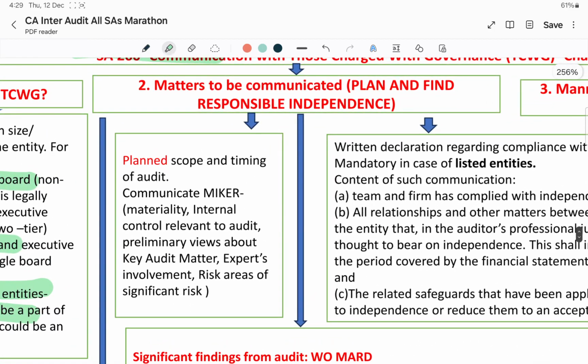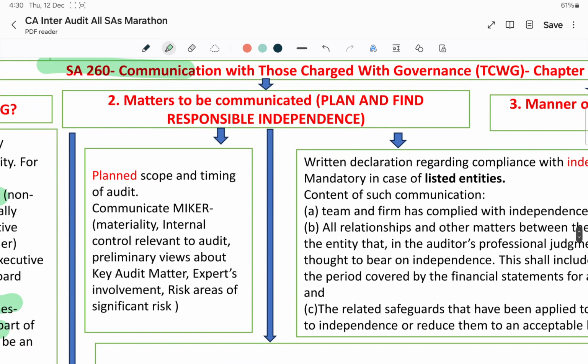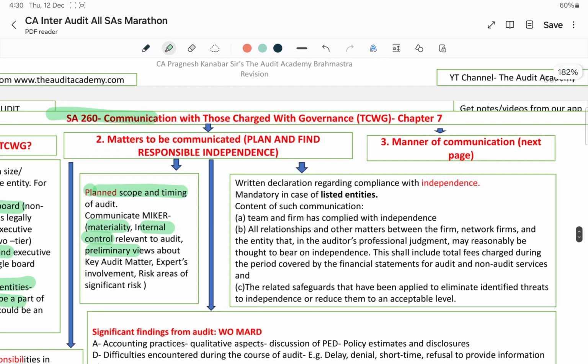Second is matters to be communicated: plan, findings, responsibilities, and independence. What is the plan? Plan, scope and timing of the audit, communicate materiality, internal control relevant to the audit, preliminary views about the key audit matters, expert involvement, risk areas of significant risk.